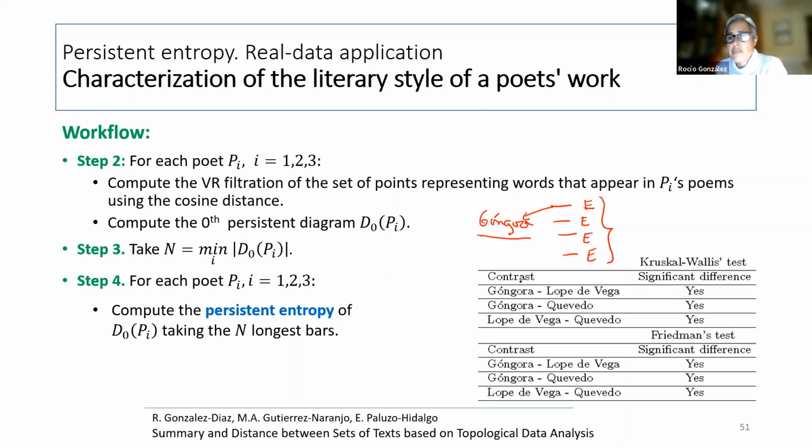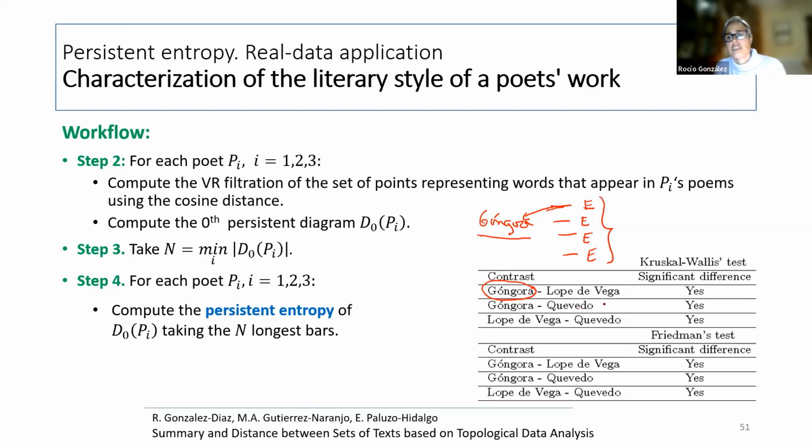So we apply contrast tests, and we see that yes, there are significant differences between the persistent entropy associated with the poems of Góngora and the poems of Lope de Vega, and all the other combinations. So we can say that persistent entropy is a good signature for the poems of each of these poets.